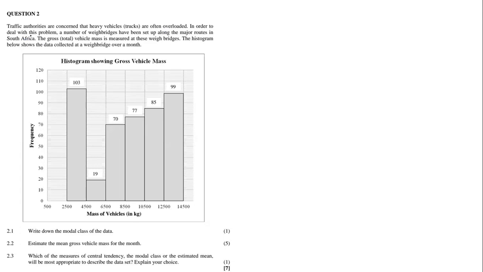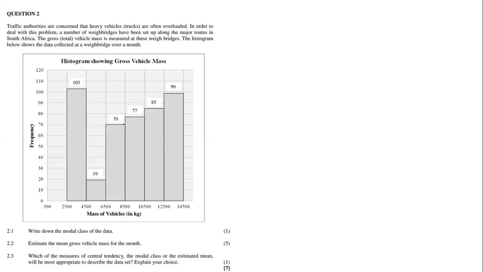In order to deal with this problem, a number of weigh bridges have been set up along the major roads in South Africa. The gross, which is the total vehicle mass, is measured at these weigh bridges. The histogram below shows the data collected, it's grouped data, collected at a weigh bridge over a month.